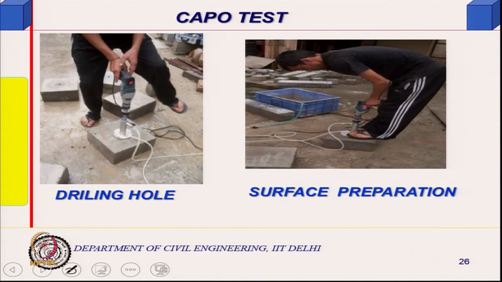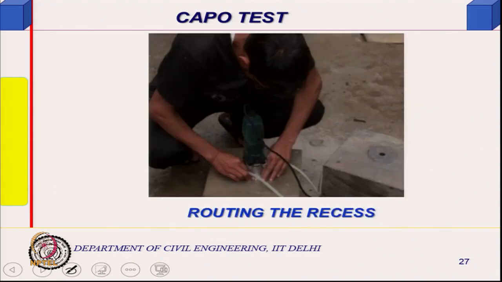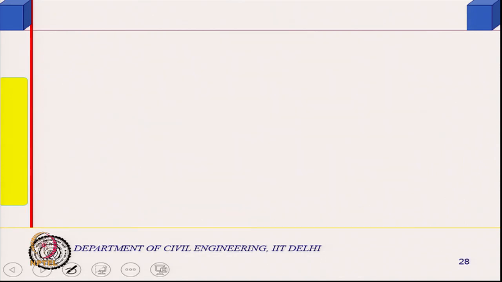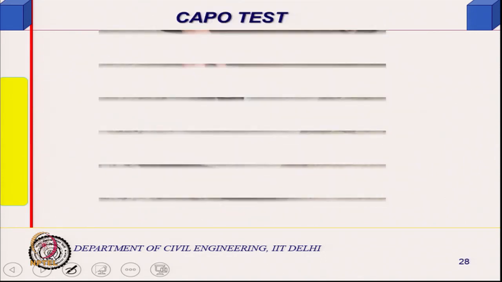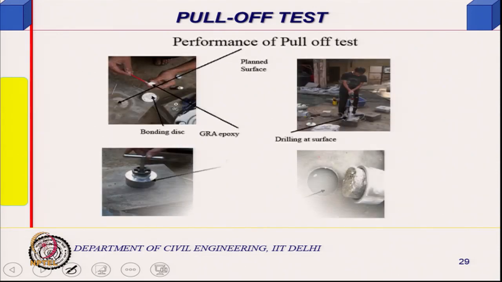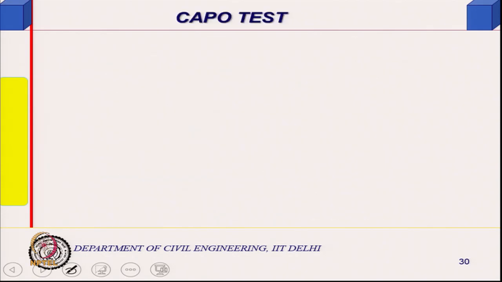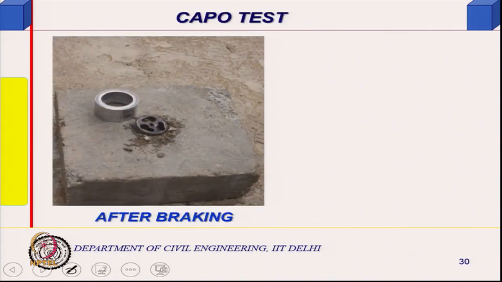This is the testing that we are doing: drilling hole, surface preparation, the routing process and all that. Then placing the inserts, and the pull off test also we did similarly; both show that within plus minus 10% you can get the result. As you pull it out, a chunk of concrete comes out like this, and this is how it looks after breaking.